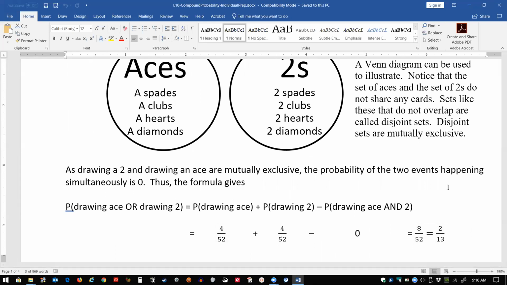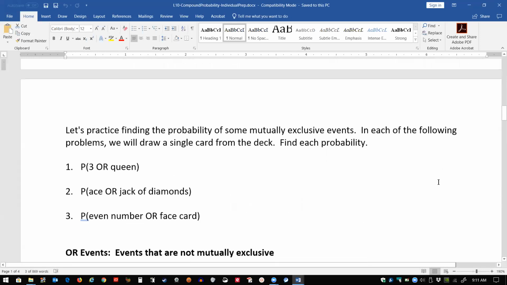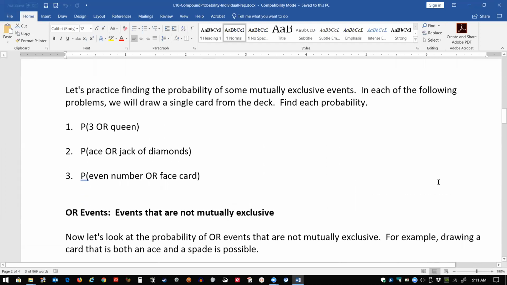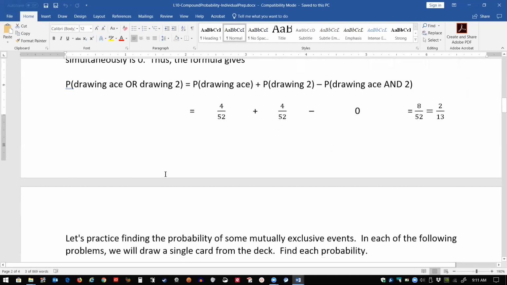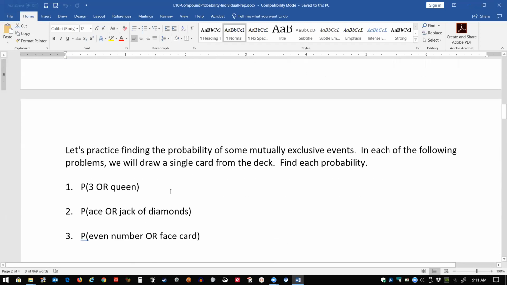All right, so mutually exclusive events are kind of nice to deal with. In some of your homework problems, the events will be mutually exclusive. I'm going to have you complete these next 3 on your own, using that example to guide you. Knowing that these are mutually exclusive events, you're simply going to find the probability of each individual event.